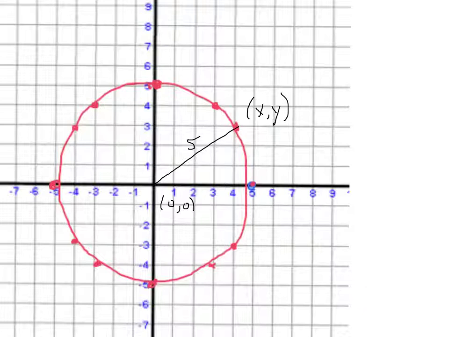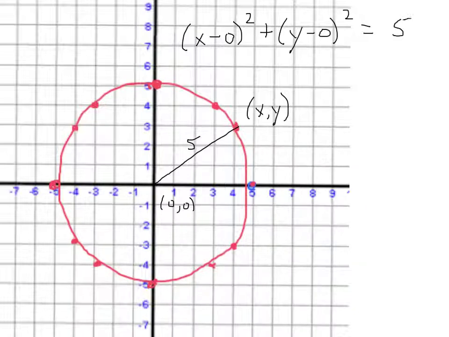But if you just think of taking a difference in our x's, squaring it, a difference in our y's, square it. And then usually I take the square root of that to find my distance. But instead I'm going to do my distance squared. So just Pythagorean theorem. And that'll give you your equation for this circle.